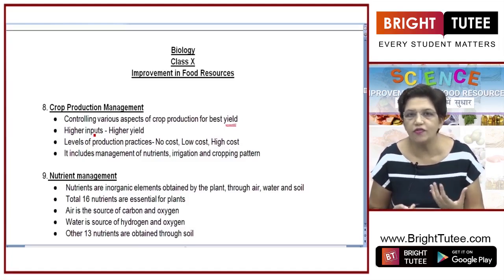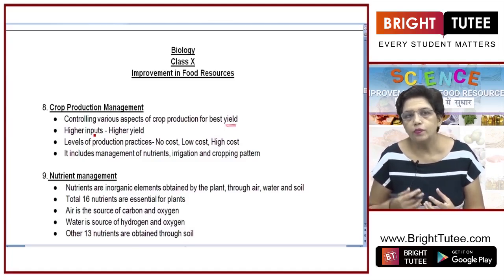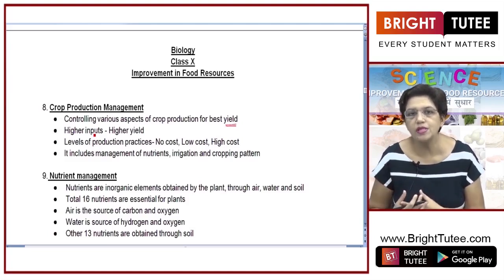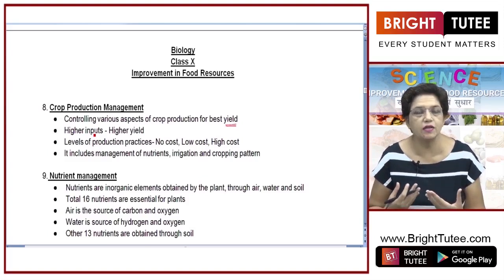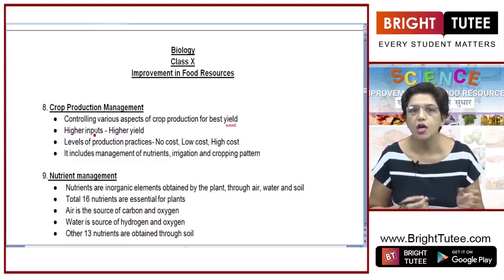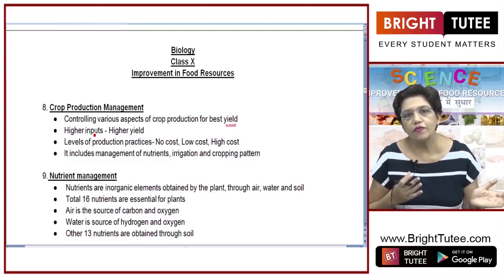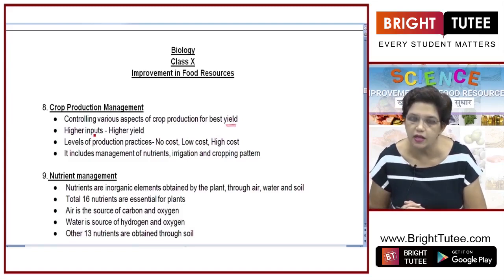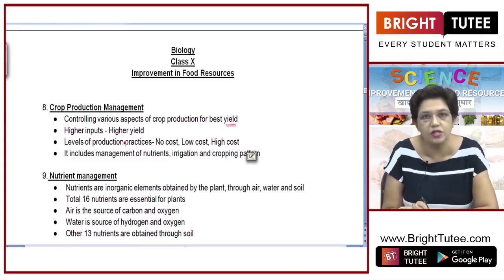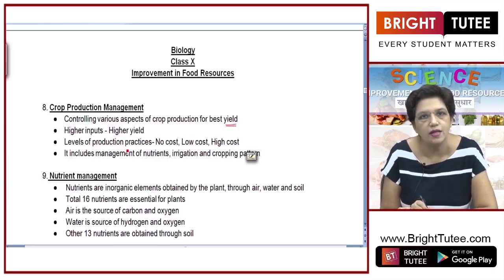The large farmers can afford to buy better seeds, latest fertilizers, manure, technology, machines and tools. So when they put in higher inputs, they get higher yield in return.